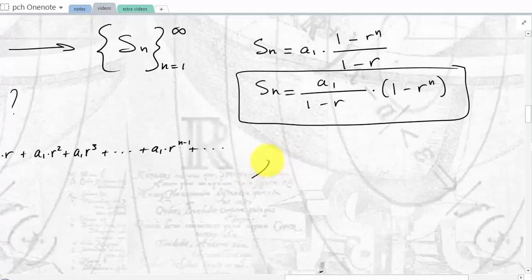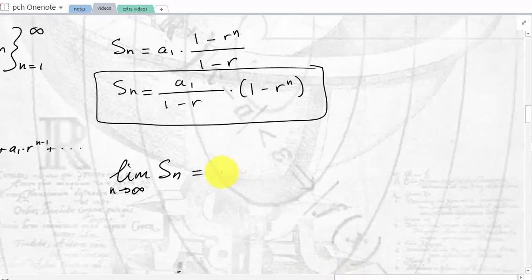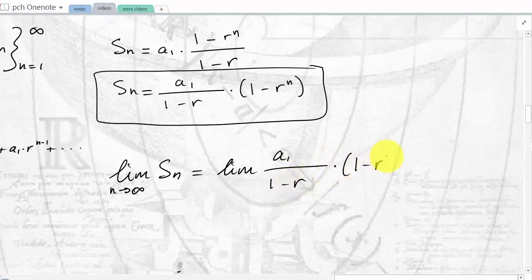Again, we want to study the limit of the partial sum as n approaches infinity, if you add more and more terms together. So this limit is equal to the limit of a1 over 1 minus r times (1 minus r to the n) as n approaches infinity.